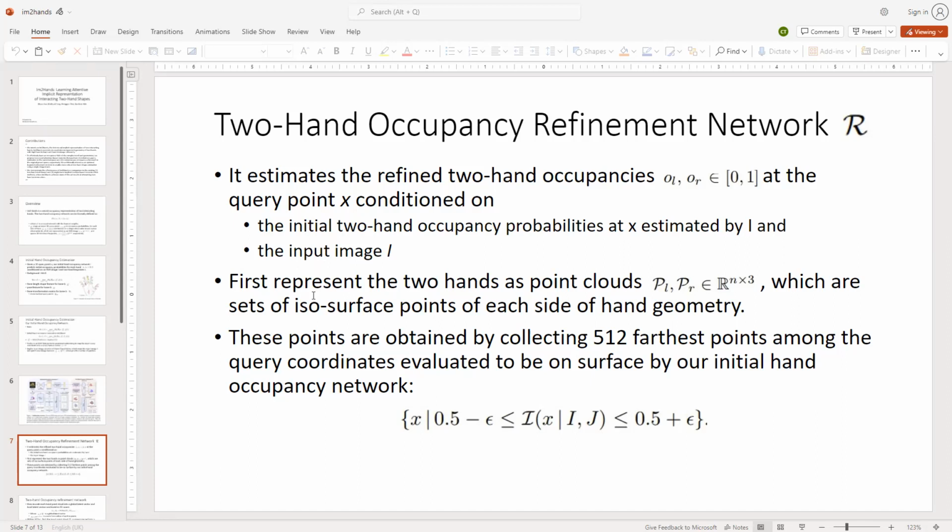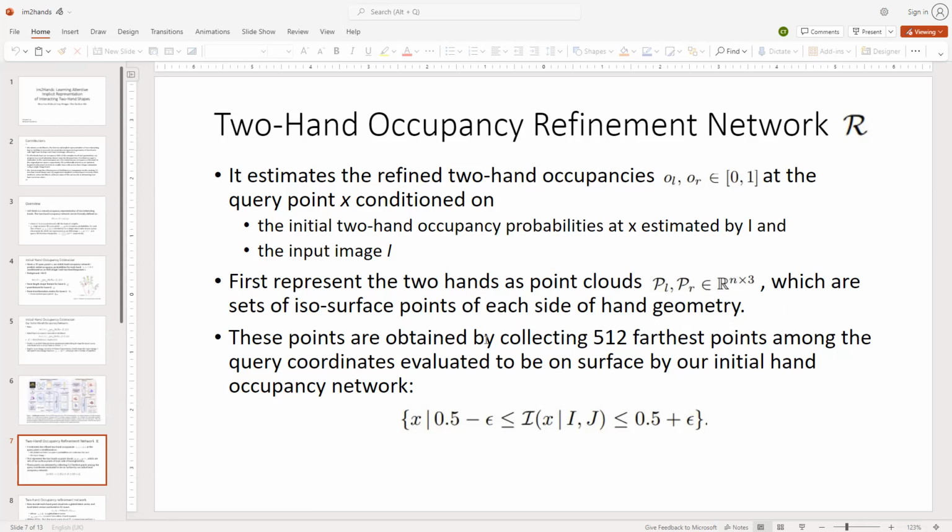So to do this, first represent the two hands as point clouds P_L and P_R for left and right hands. Let's say each of the hands is represented with n number of points in a point cloud, which are sets of isosurface points of each side of hand geometry. So what this implies is these n points in that point cloud are supposed to be nearby the surface of the hand, either inside the surface or right outside the surface.